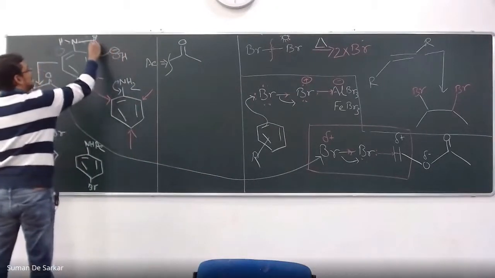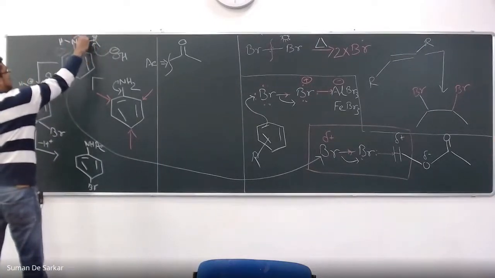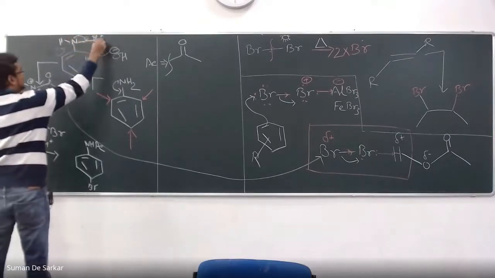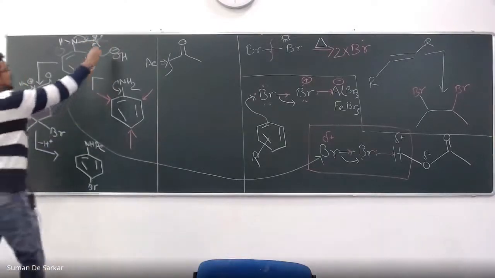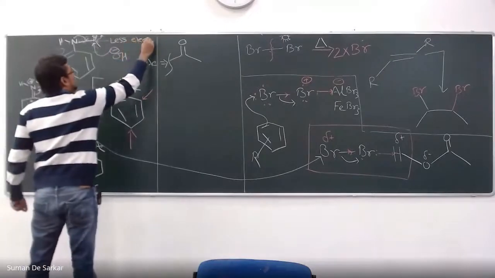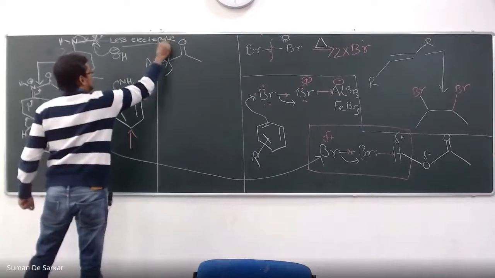OH minus here. And as I said, this CO is pulling electron, right? And nitrogen is donating electron, right? So because of this donation, the electrophilicity of this carbonyl is less. This carbonyl is less electrophilic compared to ester.